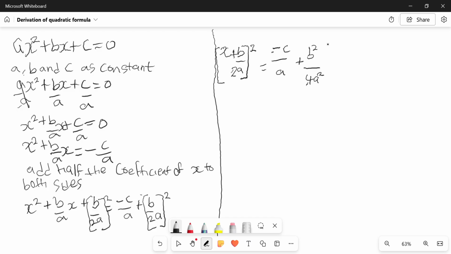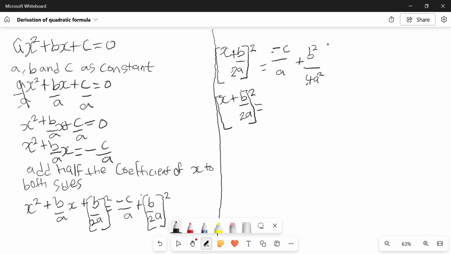The next thing for you to do now is to take square roots of both sides, or look for the LCM of your right hand side. So please let's just quickly look for the LCM. So this becomes x plus b all over 2a, all squared.